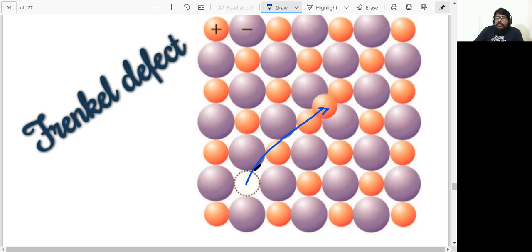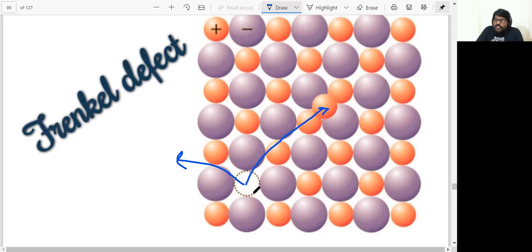Another important point: in this Frenkel defect, this is the lattice site or original site of the cation, and this is the new site. With respect to the original site, we expect an ion at this place, but the ion is not present here.